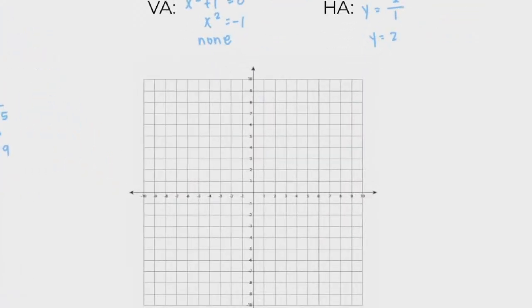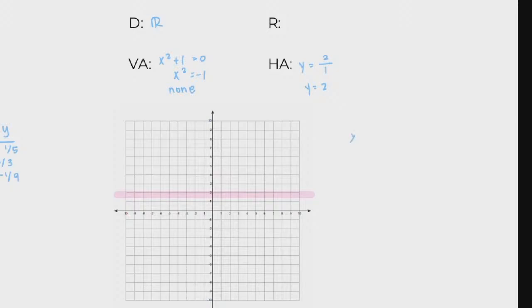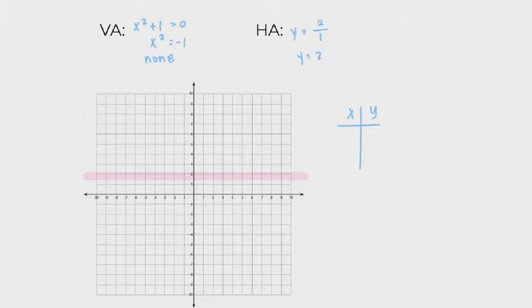So at 2, we have a horizontal line. And then we're going to plug in some points. And we can choose whatever we want because there's no vertical asymptote.